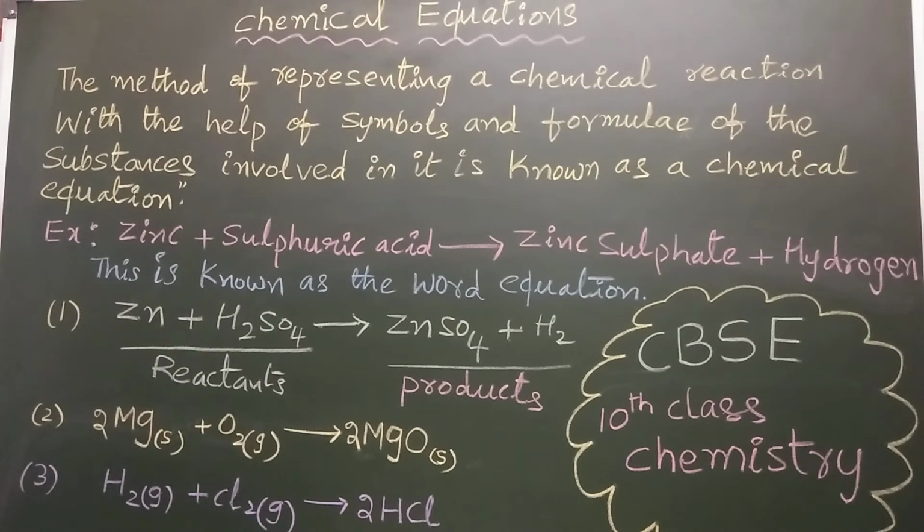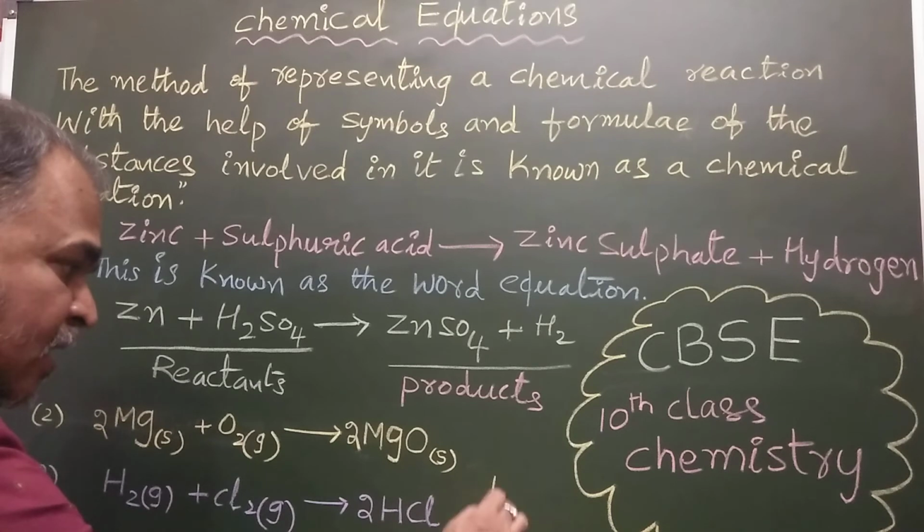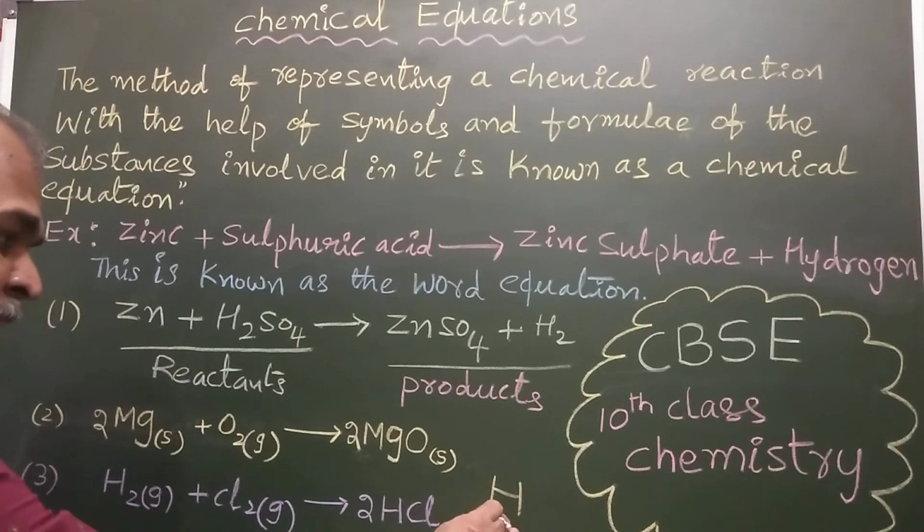In 10th standard we study up to 30 elements, and those who are studying higher studies know very well about the elements and their symbols and electronic configuration, and atomic number is also very important, children. We know hydrogen, its atomic number is 1 and mass number is 1, like that.